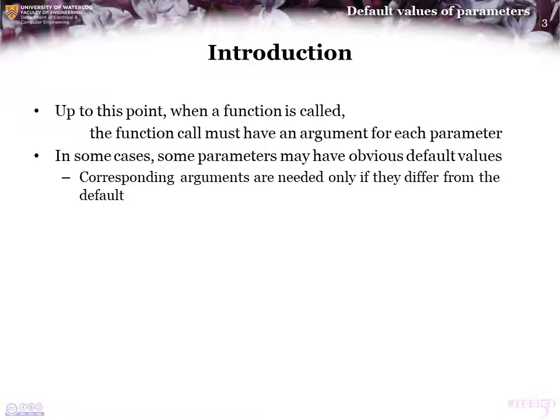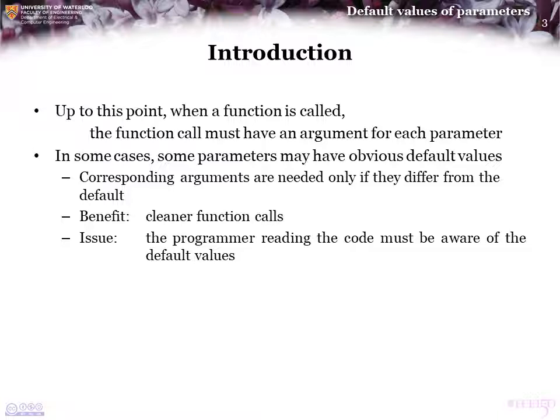So in this case, the corresponding arguments are only needed if they differ from this default value. This is slightly nicer because it results in cleaner function calls. There's fewer arguments, and if it's clear what the subsequent default values are anyway, it makes for cleaner code.